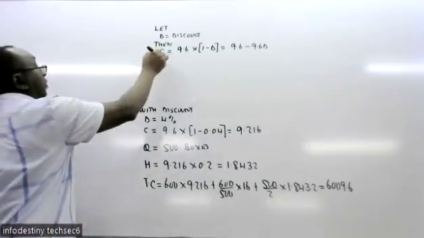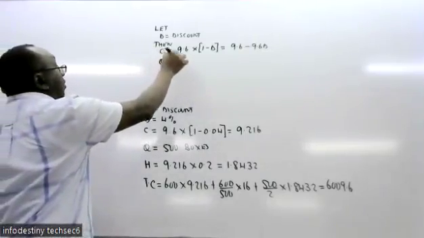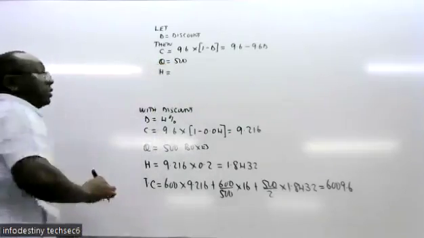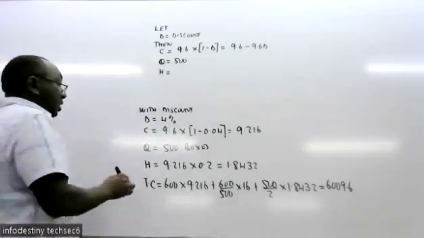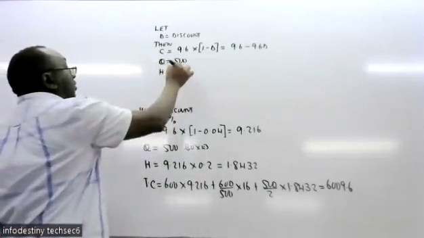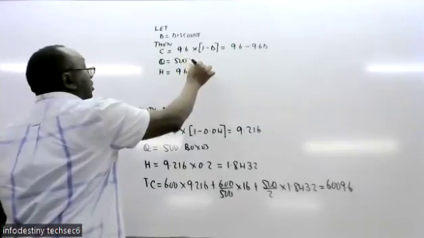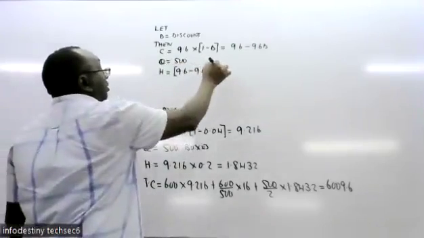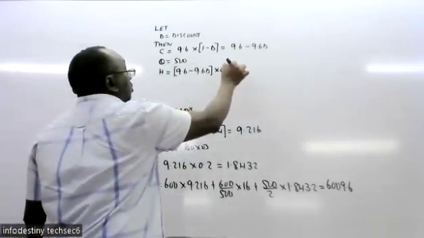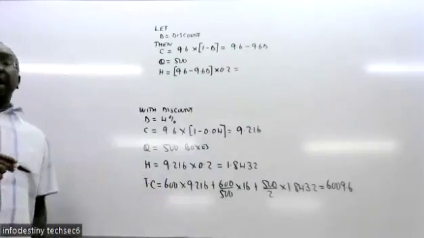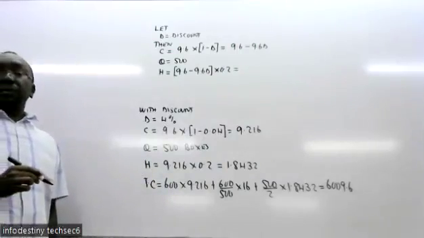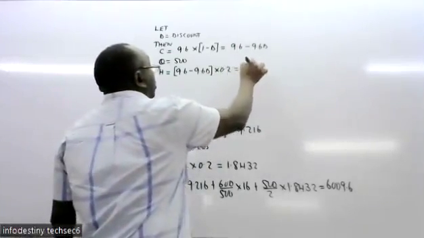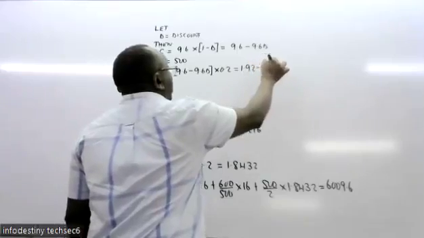Q still remains 500 boxes. H will now be 9.6 minus 9.6D, you multiply by 0.2. So this becomes 1.92 minus 1.92D.